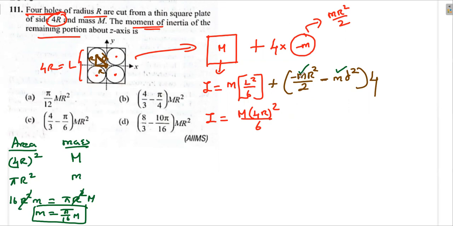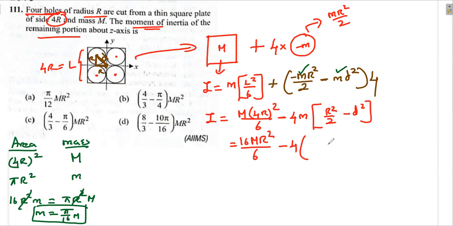So minus 4 small m, r square by 2 minus d square. Okay, let's do it slowly. So this is 16 capital M capital R square by 6 minus, this is 4m, small m is pi over 16 capital M. This is r square by 2 and d is r root 2. So this r square by 2 minus r root 2 the whole square.